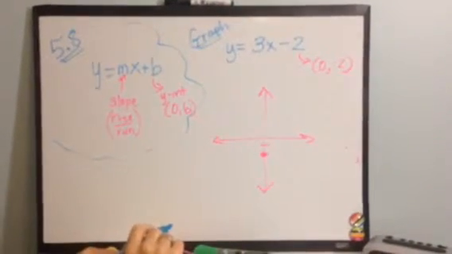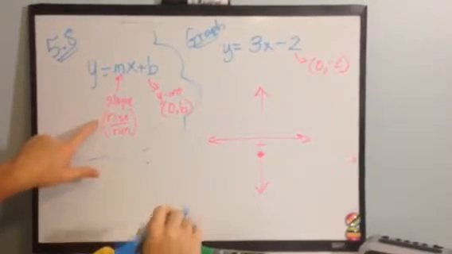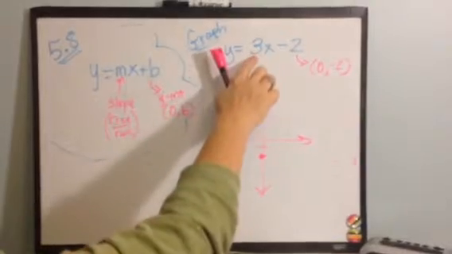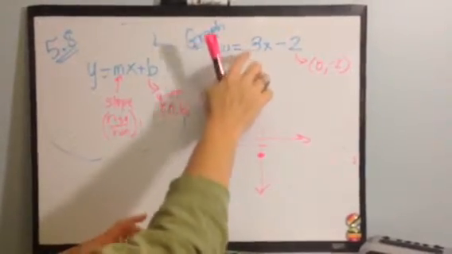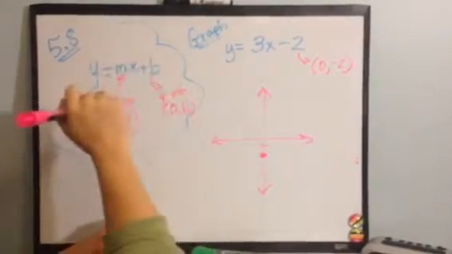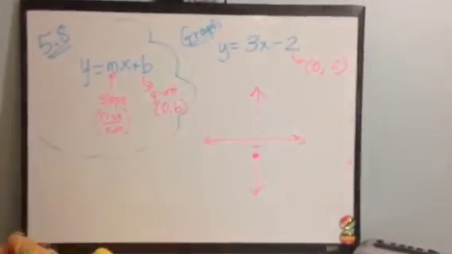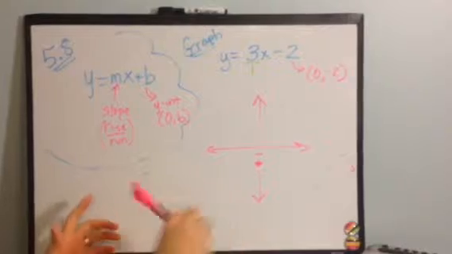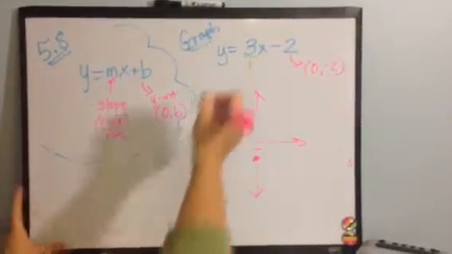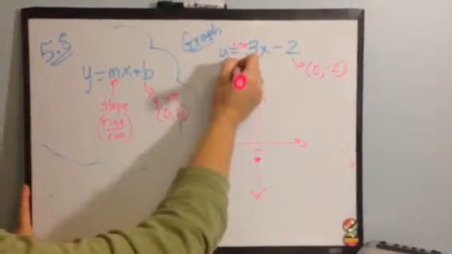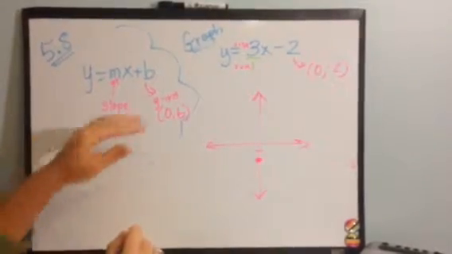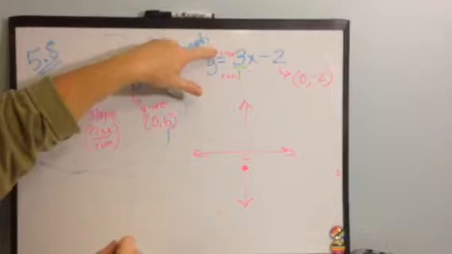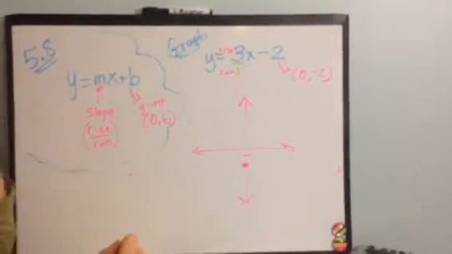That's my first point. From there, I need to look at my slope, and I need to rise and run. Well, this is just a number. I can't rise and run just a number. I need to make that look like a fraction. The way you can make any number look like a fraction is you can stick it over 1. Now I've got a rise and a run. As silly as it sounds, anytime you look at my work, I still pull out my y-intercept and I still write the word rise and run, because then I don't have to think about it.